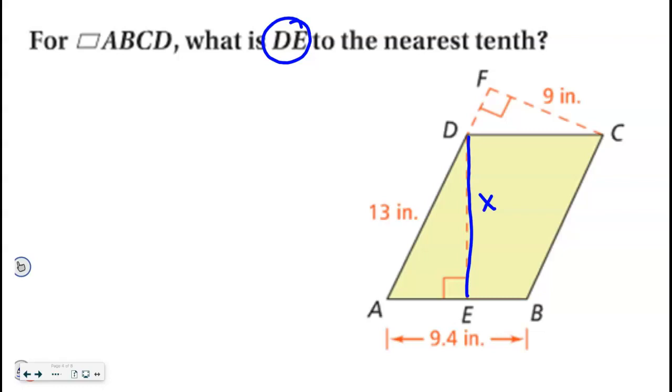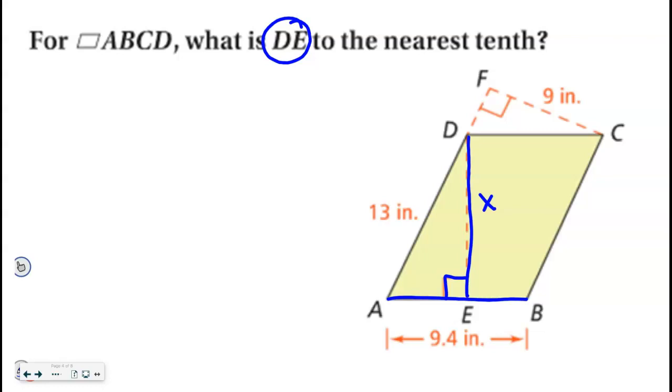It is a height. How do I know it's a height? Because I see this perpendicular box on here. So I know I'm looking for a height of the parallelogram. I know the base that it's perpendicular to is 9.4. I know that 9.4 times x has to give me the area because it's base times height.